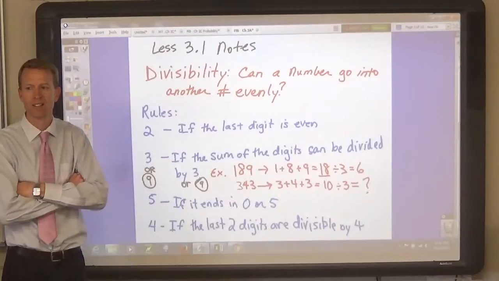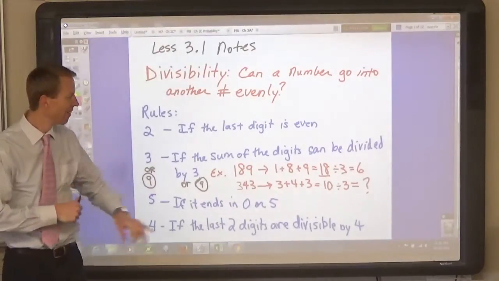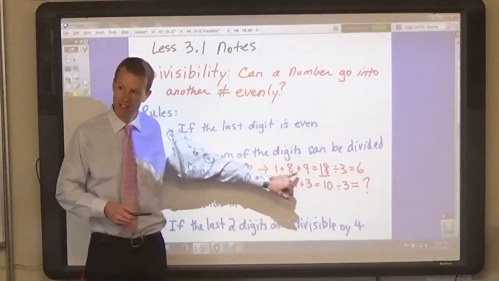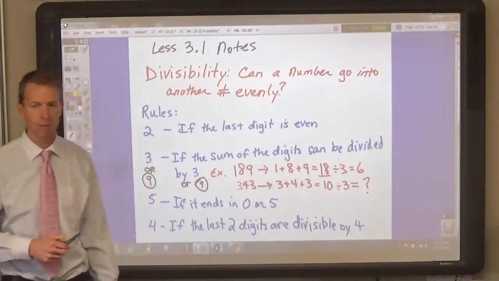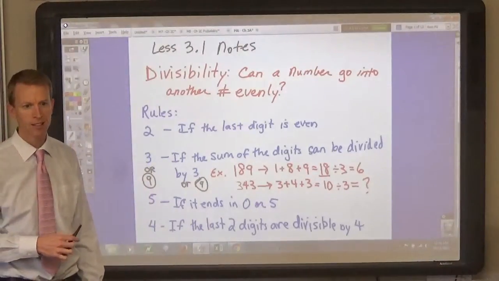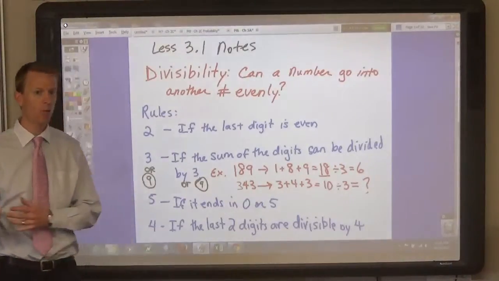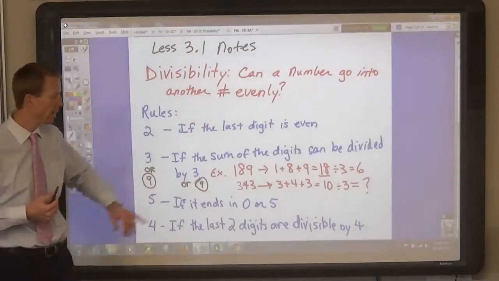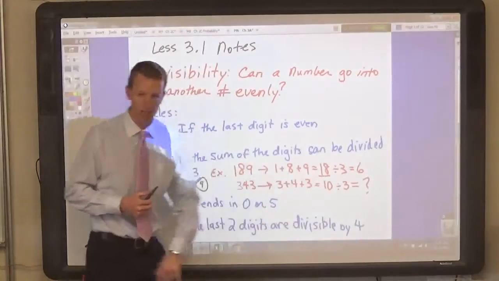We read it together, remember? It's 18, isn't it? So is that number divisible by 9? Yes. So that means that 189 is divisible by 9, because the sum of the digits is divisible by 9.